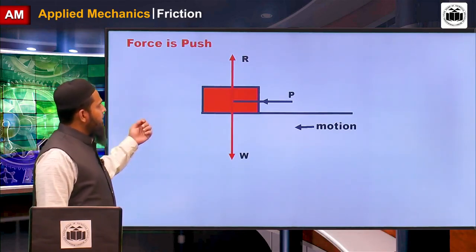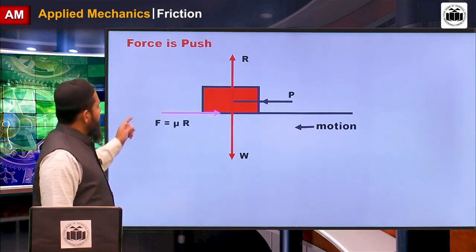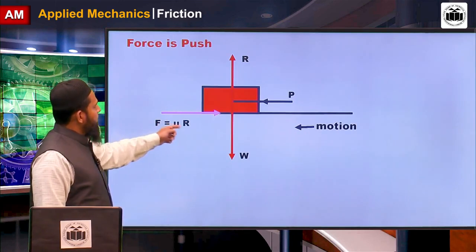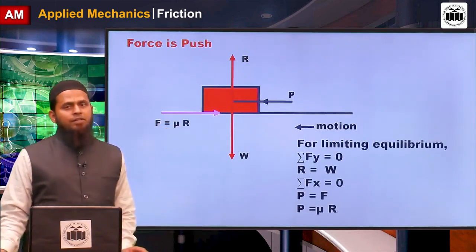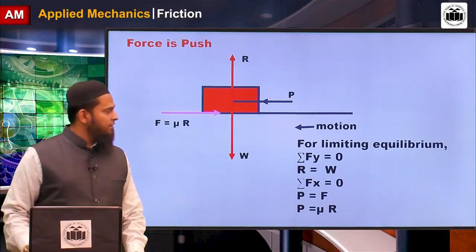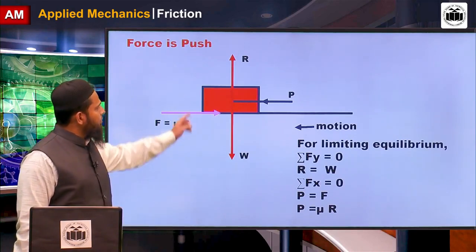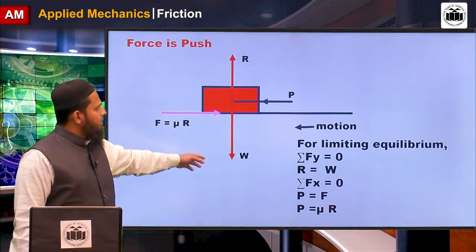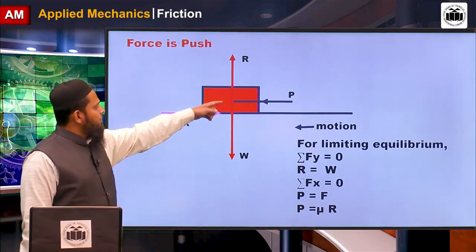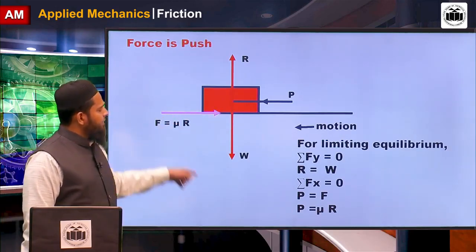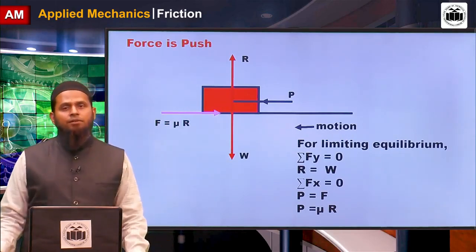Now, motion is in the direction of the push force, frictional force opposes that motion, it is mu R. Now, use conditions of equilibrium in this. Summation Fy is equal to 0 means here also R is balanced by W, and summation of Fx is equal to 0 means P is balanced by F. Now, P is equal to mu R, F is nothing but mu R.